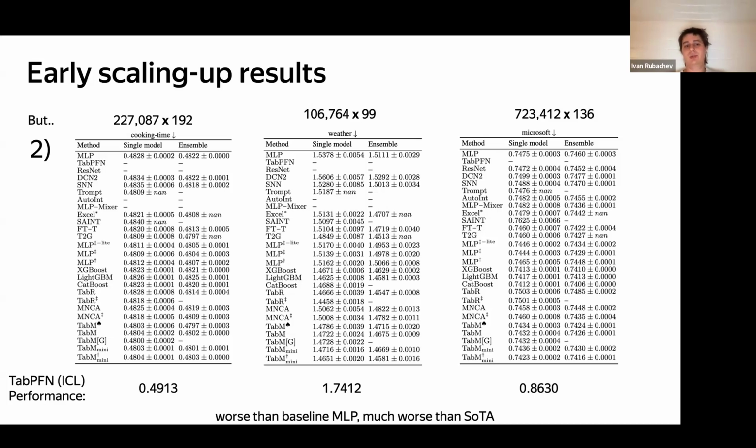But it is interesting to probe its capabilities at the edge, on larger and larger datasets. To evaluate the TabPFN in-context learning performance on Microsoft datasets, for example, it took around 20 hours of just straight attention computations on a single GPU. So it's not practical, but really interesting in terms of pushing the performance forward.